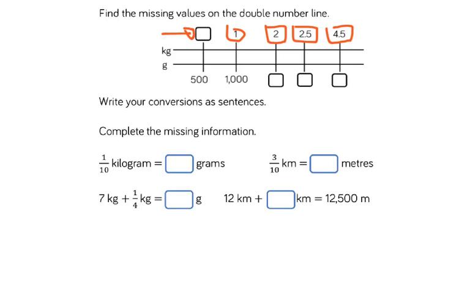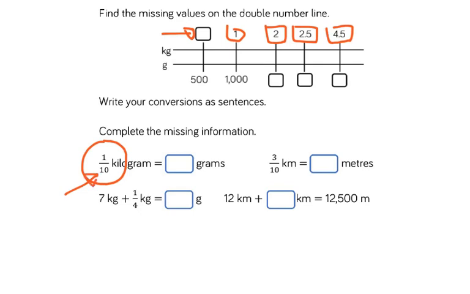I just want to talk to you a little bit about this question here, because we haven't done fractions for a little while. I just want to remind you about what we do when we want to find a single unit fraction. It's a single unit fraction because it's 1/10. So think about how many grams there are in a kilogram, and then you always divide that number by the denominator.